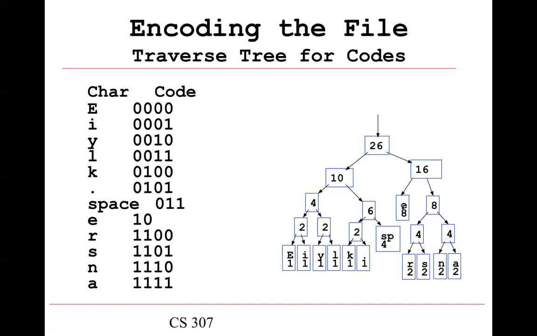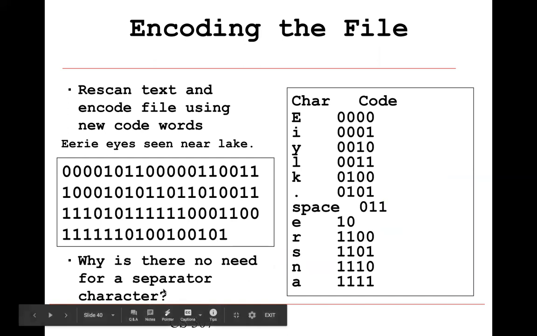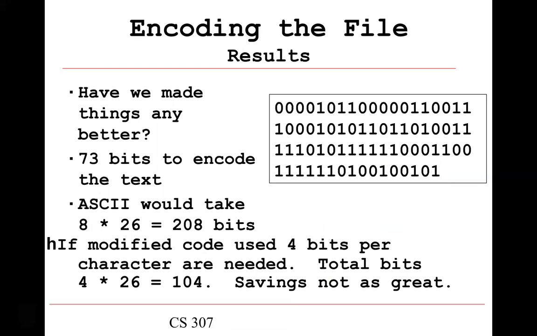So the coding is unique. So we don't need a separator character. Originally each character was 8 bits, fixed length, but now each character is encoded with fewer bits.